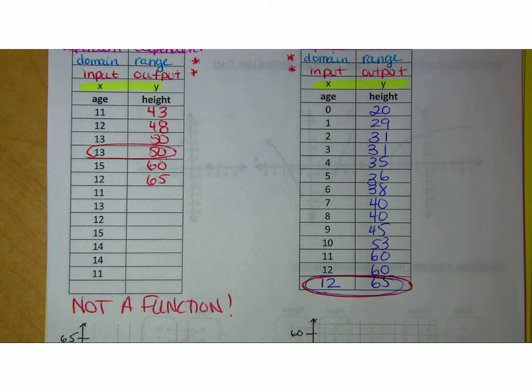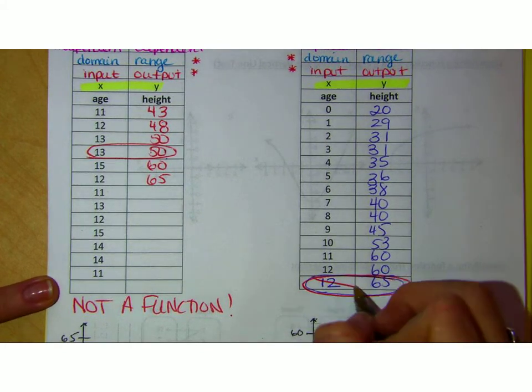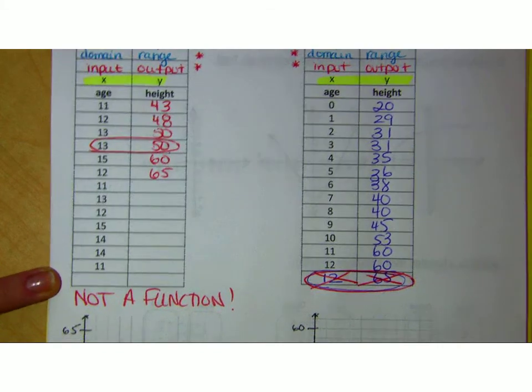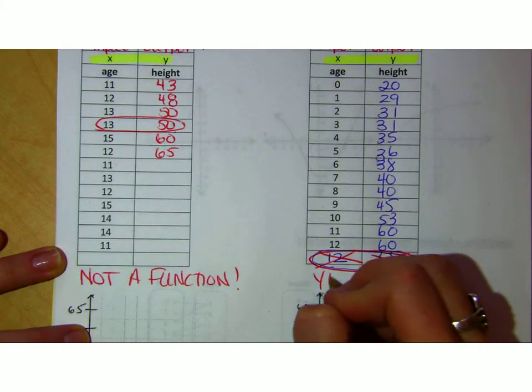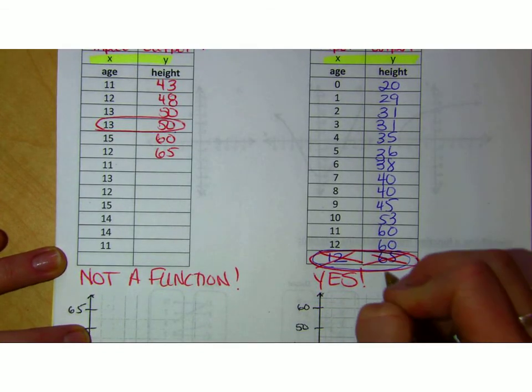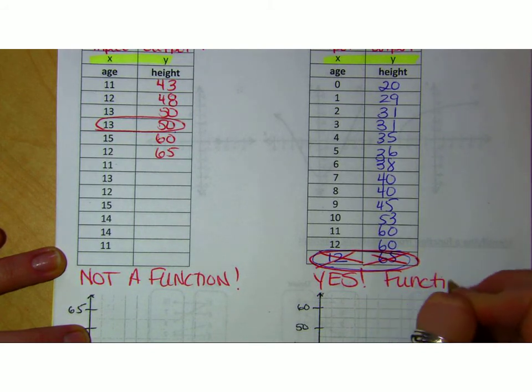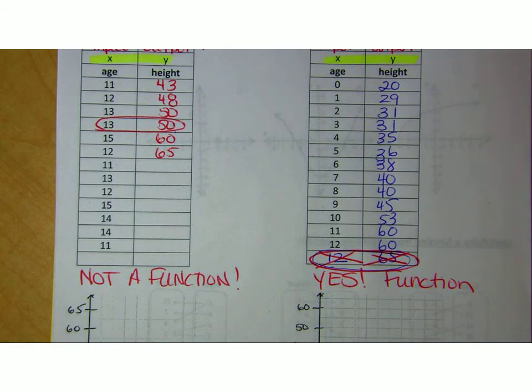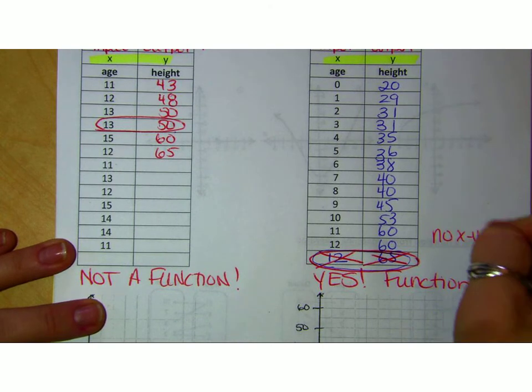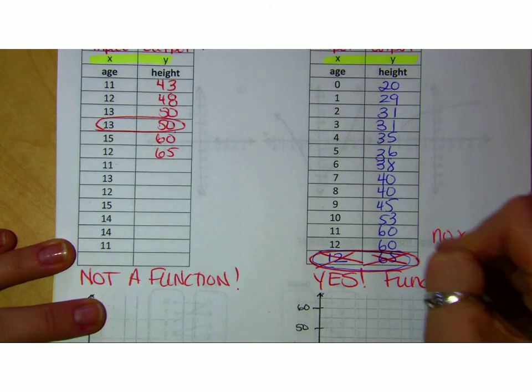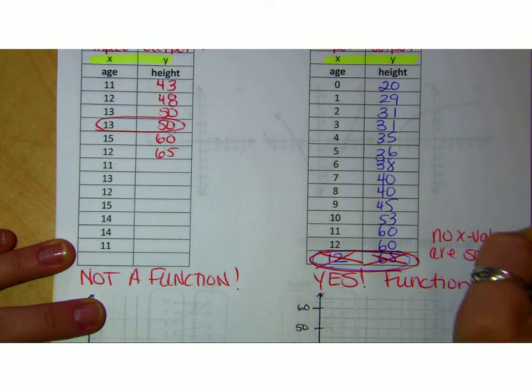So I'm going to have you cross that out, and then I'm going to have you put, yes, it is a function. The easy way to remember it is because no X values are the same. That's the easy way.